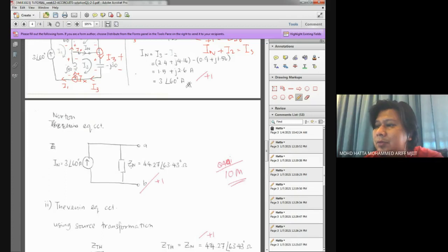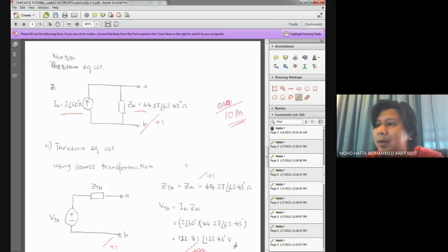So just draw this kind of parallel connected circuit, put all the information over here, and you will definitely get your marks.